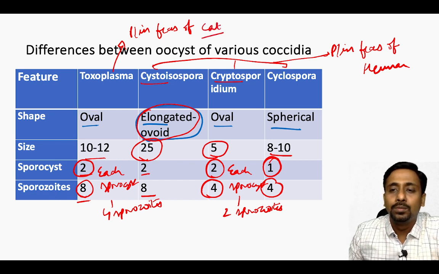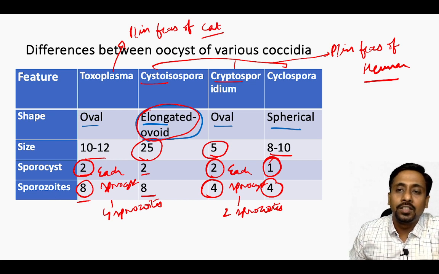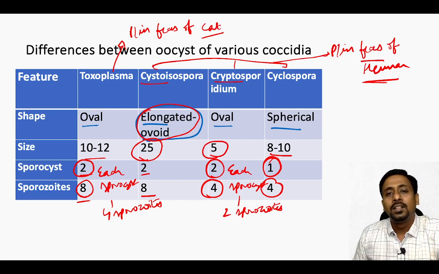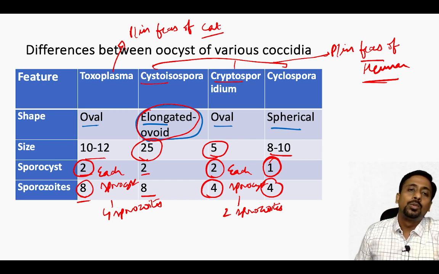Human is the only host in these three. So in feces of humans we can find only the oocysts of Cystoisospora, Cryptosporidium and Cyclospora. The oocyst of Toxoplasma cannot be found in human feces.